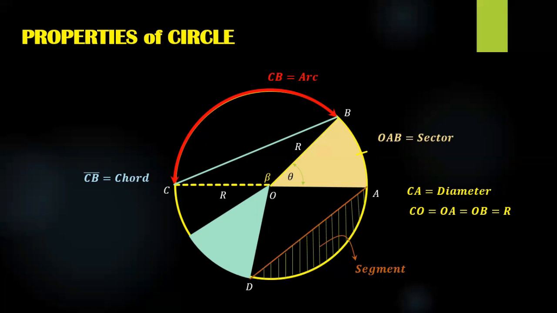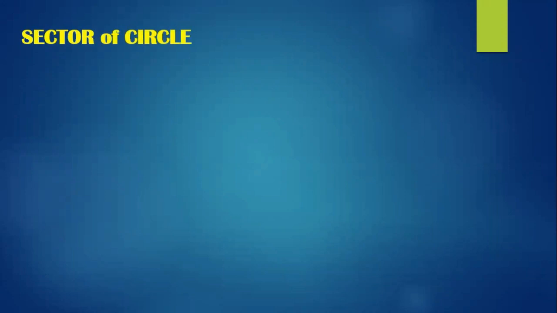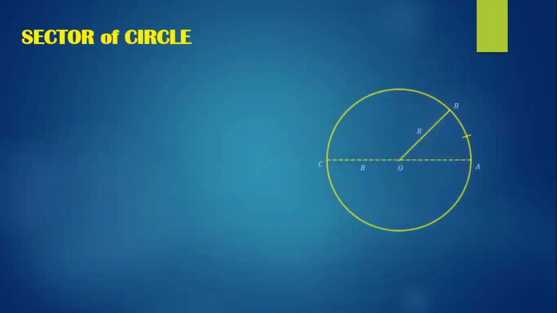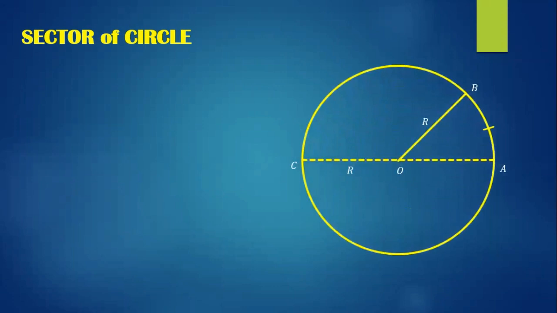Okay, students, we go to the next topic. Our topic is the sector of a circle. As I mentioned before, a sector is covered by two radii and an arc. Look at the diagram. This is the diagram of a whole circle. Yes, this is a sector.